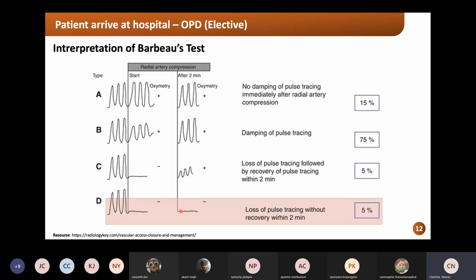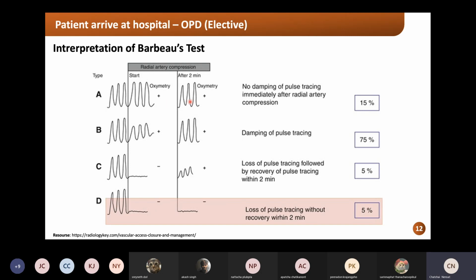But anyway, in this method, there are more details about the interpretation. You can see that we can categorize the result of the Barbeau test into 4 types: A, B, C, and D. For type A, you compare the pulse wave before compressing both the radial artery and ulnar artery, and after you release the pressure after 2 minutes.